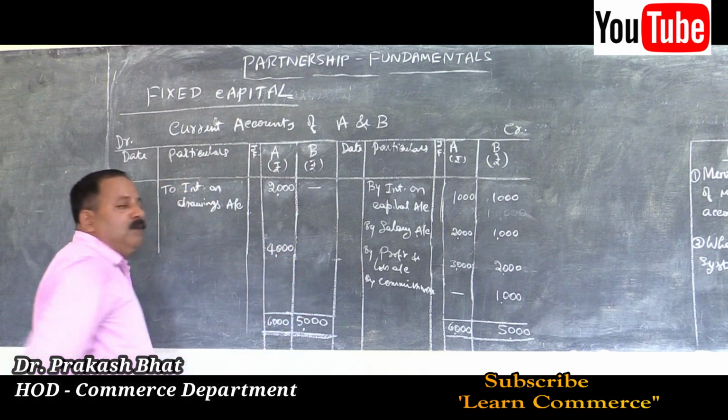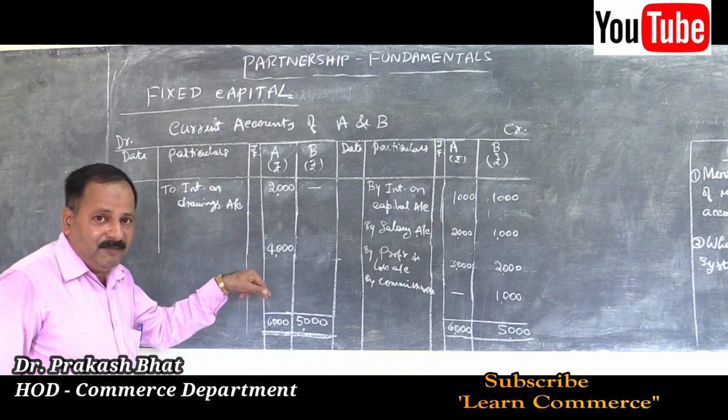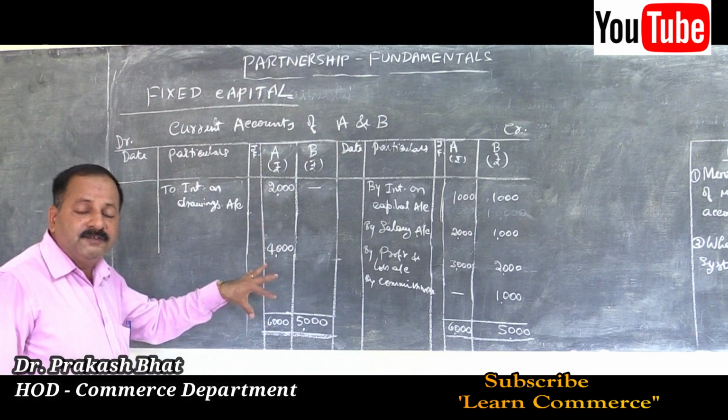See, if we take small amounts, small figures, then there is no need for calculators. You can save your time in the examination. Within 3 or 4 minutes, you can wind up this account and you can score 5 marks.